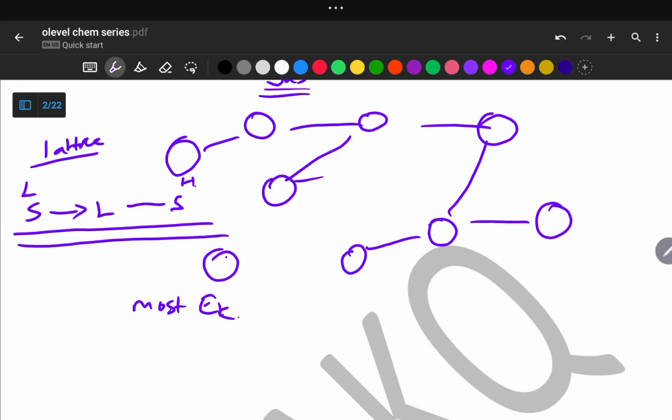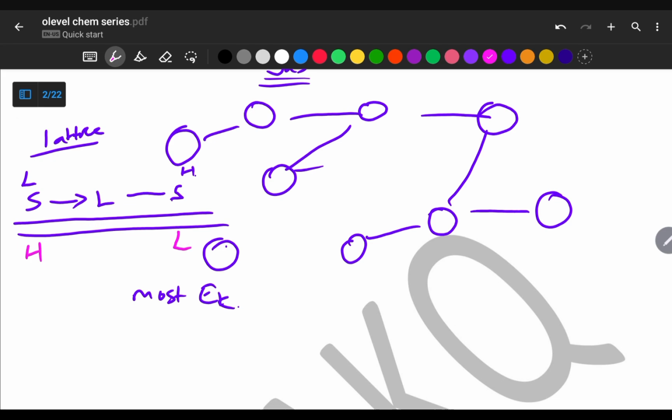as we go down this trend, right? The solids have the highest strength of intermolecular forces compared to the liquids, and the gases have the weakest intermolecular forces, right? Intermolecular forces are what govern boiling point and melting point. Simply saying, solids have a higher boiling point compared to the gases in general.